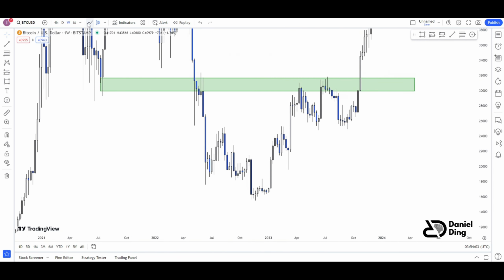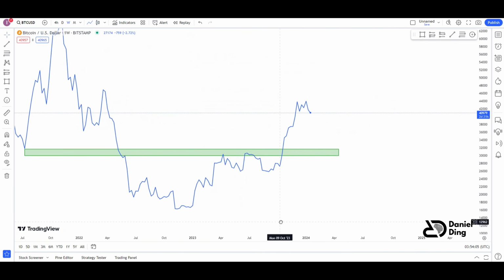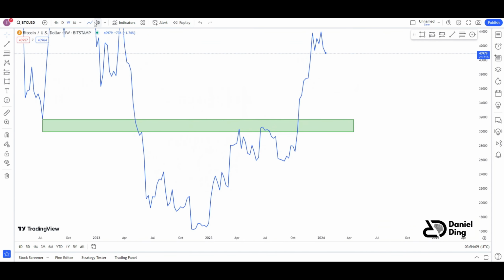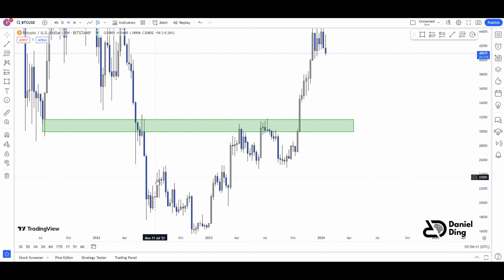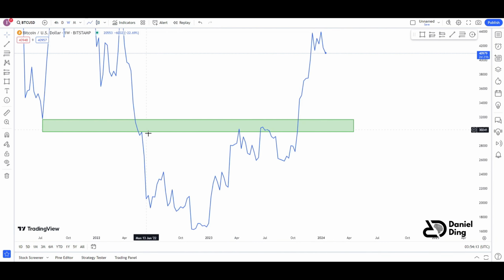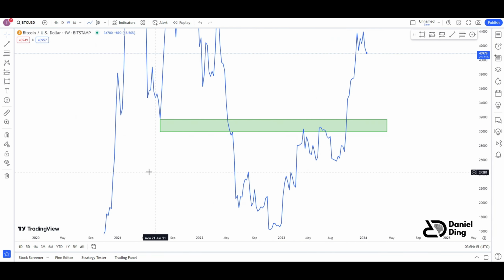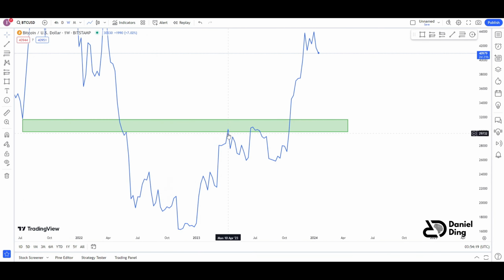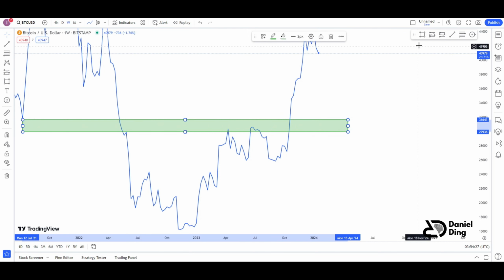Okay, so let's get back. As you can see, the price has been moving, and after it tested the base, take note of this base, this is the first base. After it tested the first base, it fell to break.